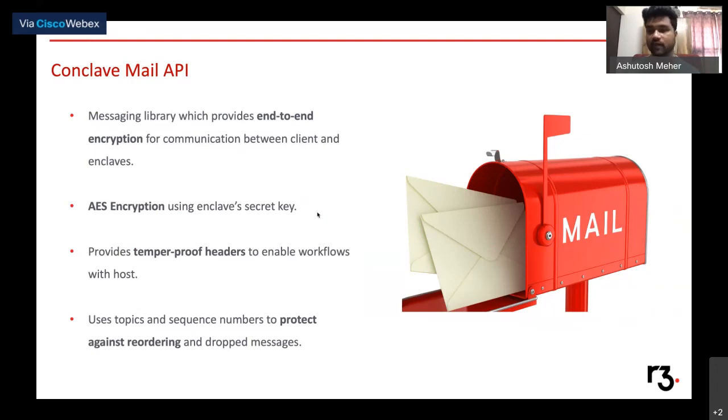And then you would have a sequence number so that your host would know which messages should come first and what the order of your messages is as well. So Mail API helps you with all these kinds of things. It's also really easy to create your mails or to send information, encrypt it, and do all this stuff. You just have to call the APIs and it will do all that stuff for you and then send it. And sending this data will really become easier while you're working with Enclave.